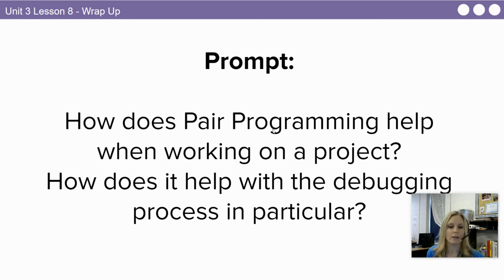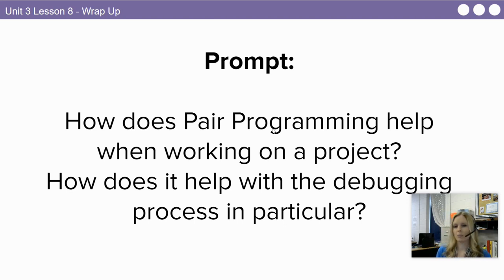So hopefully you can think about the fact that talking through your code with another person sometimes can help you solve it yourself or figure out what to do. When you get stuck, there's someone to help you brainstorm solutions. There's more than one set of eyes to find bugs, and different partners bring different perspectives to a project.